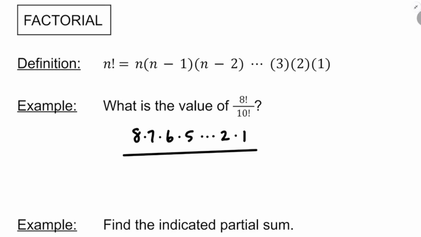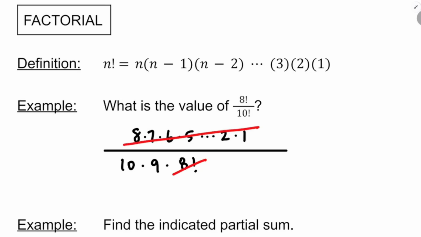And 10 factorial has almost all of the same numbers. It has 8 through 1. So I'm going to say that's 10 times 9 times 8 factorial. And then I can cancel these off like that, and I will be left with a 1 in the numerator and a 90 in the denominator.